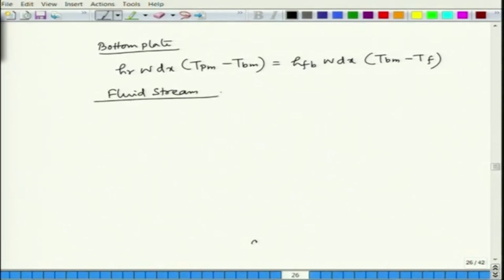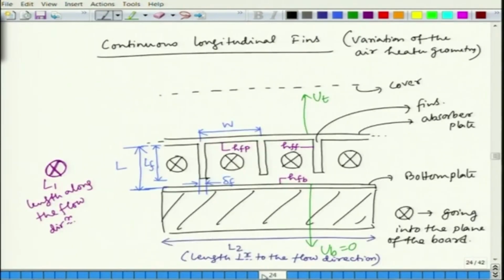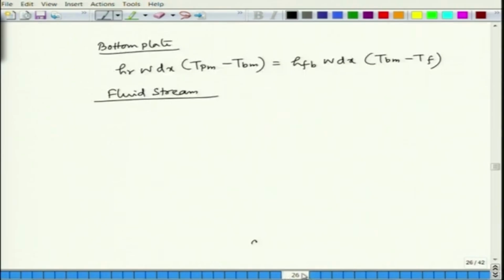Now, for the fluid stream, you can see that we have a few channels. Okay. So, for those the number of channels we have to incorporate in terms of the total mass flow rate. So, what we will do, the total mass flow rate, m dot, will be divided by the number of channels.